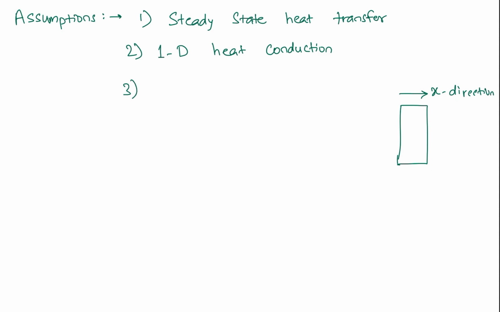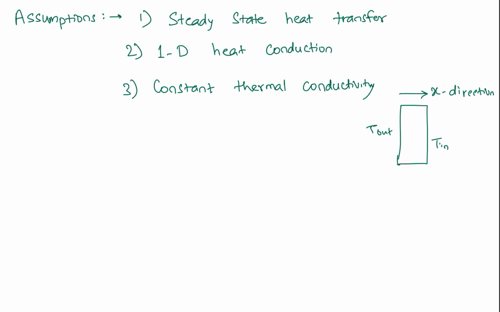And the third assumption is constant thermal conductivity. Thermal conductivity does vary with temperature, but for our convenience in this problem, we are assuming that for the range of T outside to T inside, the thermal conductivity of this material remains constant.